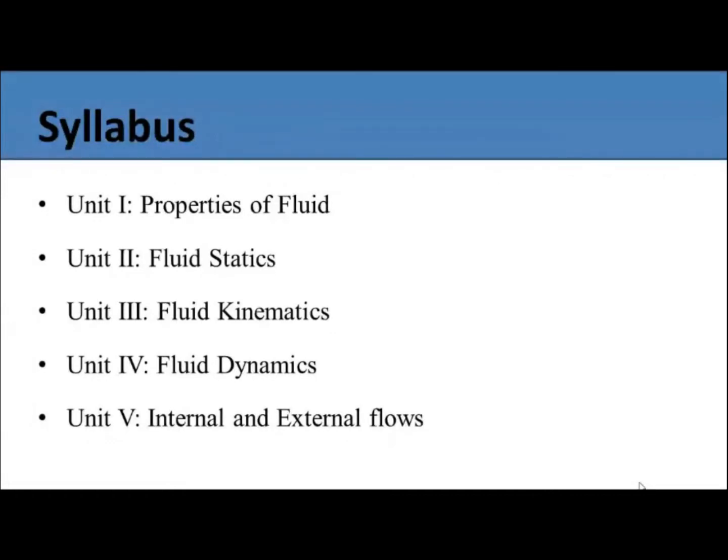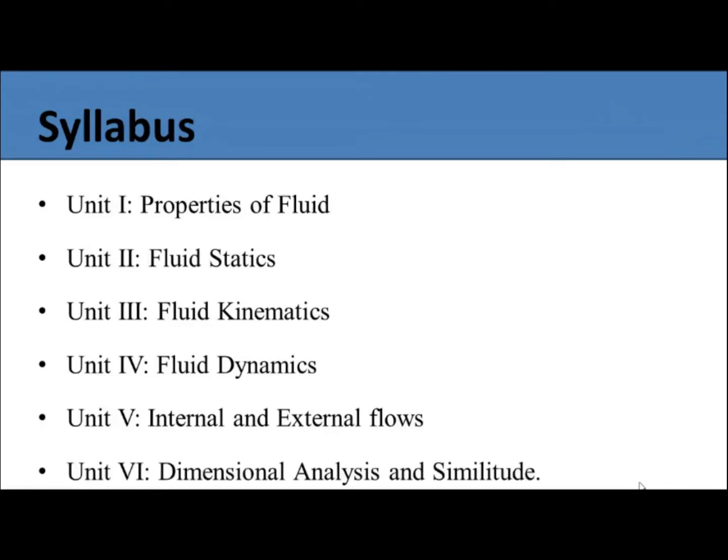That means what phenomena the fluid possesses when the fluid is flowing internally through a pipe or through a closed channel, as well as the different physical phenomena when the fluid is flowing in an open channel. For example, the flow of water in a canal or in a river will be an example of external flow, and flow of water in a pipe will be an example of internal flow.